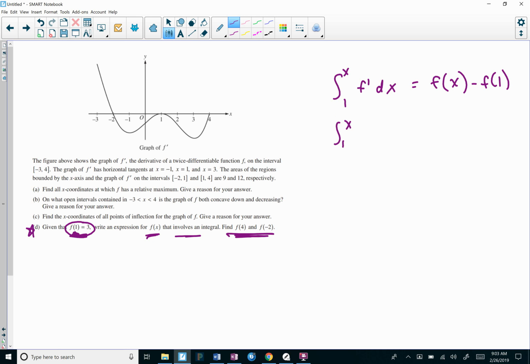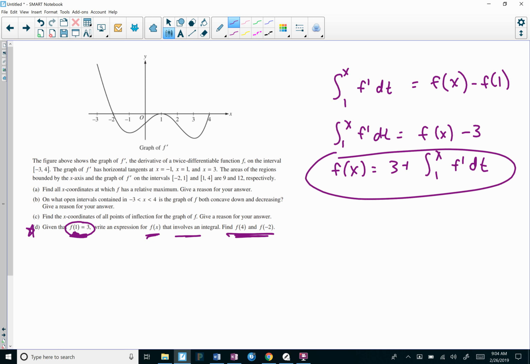So the integral of 1 to x, f prime dx, is, oh, I probably don't want to use dx, just caught that, so bear with me. Let's use a different variable. We don't want to use the same in these 2 spots. So I'll have f of x minus 3, get f of x by itself. So I have 3 plus the integral 1 to x f prime dt. So there's my integral. And now that I have that, let's find the 2 values.